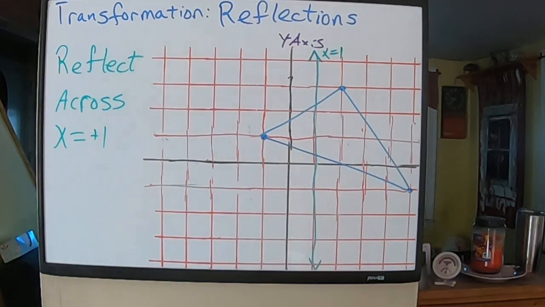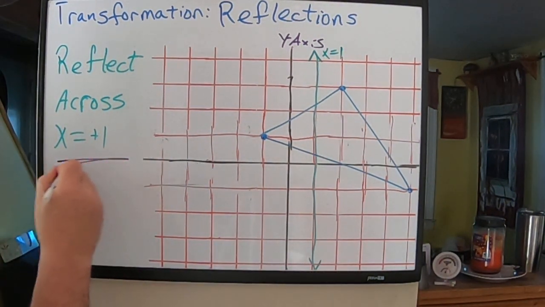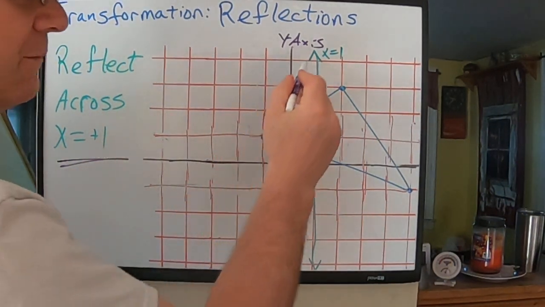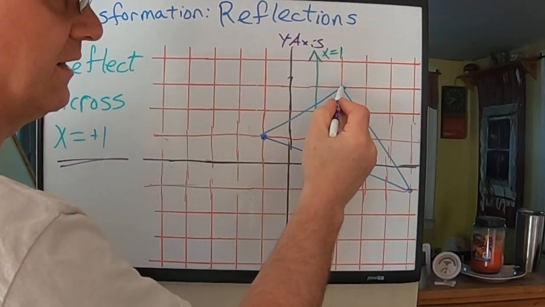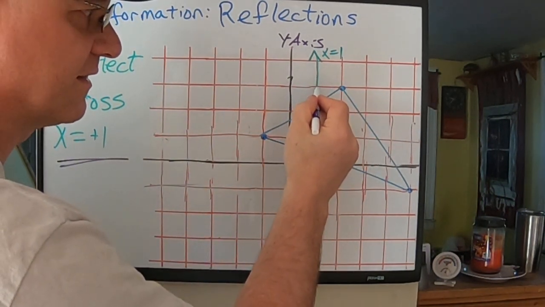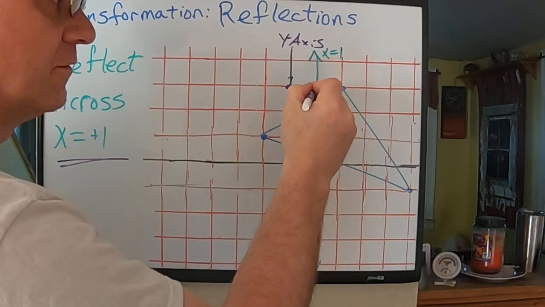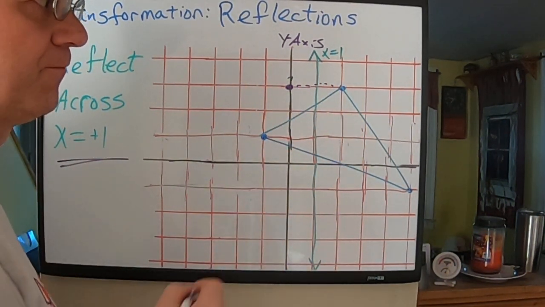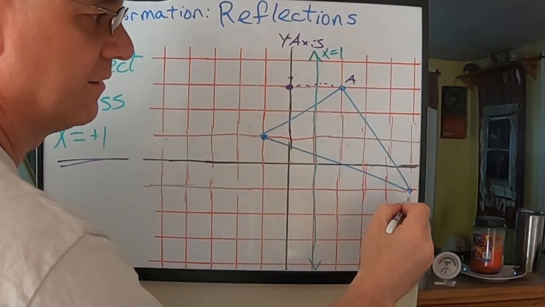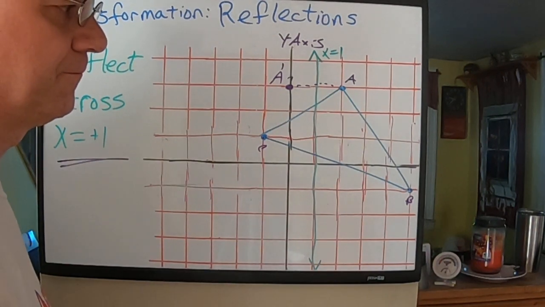All right, I'm going to draw the new triangle in purple. If I'm reflecting across this green line, I'm going straight at the green line. How far? 1 to get there, so 1 past it. So there's my new point. So let's call this A, B, C. So this is the new A.